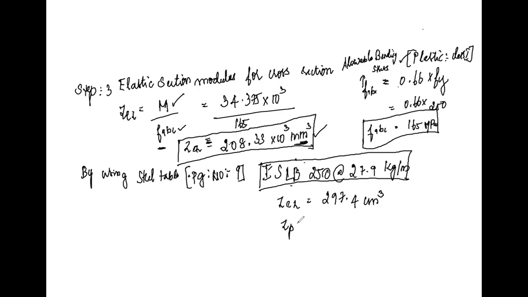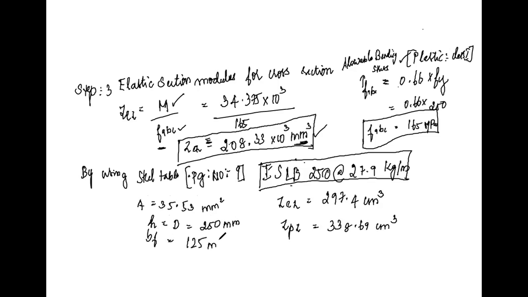The value of Zpz, the plastic modulus, is 338.69 centimeter cube, and the area is 35.53 mm square, and H equal to B, which is equal to 250 mm. The value of BF represents the breadth of the flange, 125 mm.